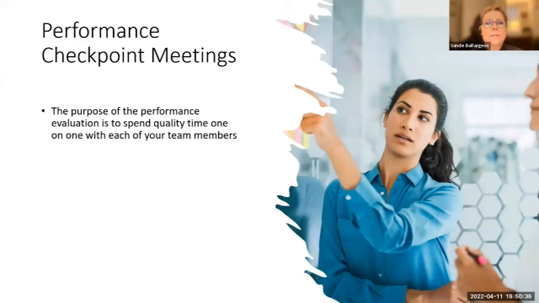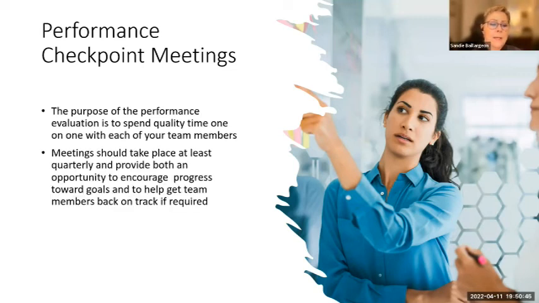It's important to have checkpoint meetings from time to time. The purpose of performance evaluations is to spend quality time one-on-one with your team members, as we've talked about in the past. Meetings should take place at least quarterly when you're doing this type of system, and it provides an opportunity to encourage progress toward the goals and to help keep the team member on track.